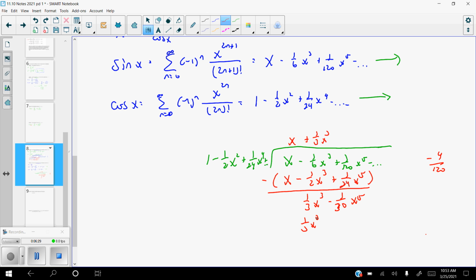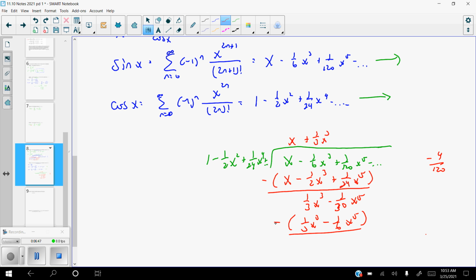Distribute that. 1/3 x cubed is going to go here. 1/3 x cubed times 1/2 x squared is going to be minus 1/6 x to the fifth. And again, I don't need to worry about the term after this because it's not going to mean anything. So we'll subtract. The first term has to go away, and it does.